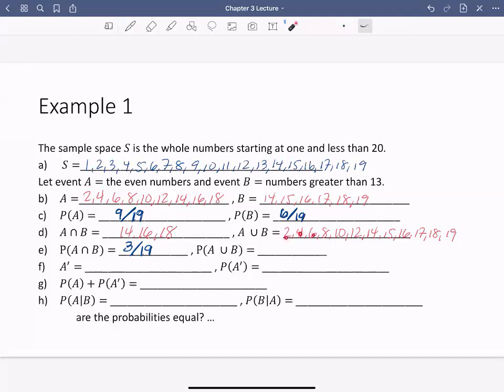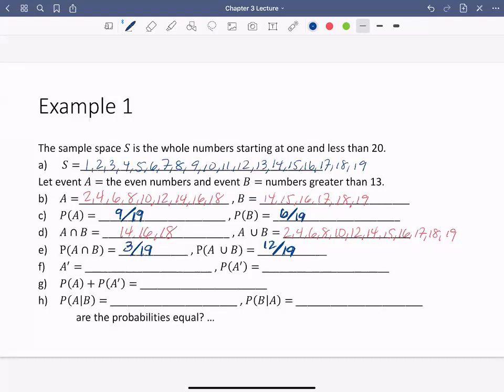Let's count them. 1, 2, 3, 4, 5, 6, 7, 8, 9, 10, 11, 12. So now we're at 12 over 19. Right, and usually your OR has more values in it because it includes more possibilities, right? You're including all of A and all of B, not just what they share.